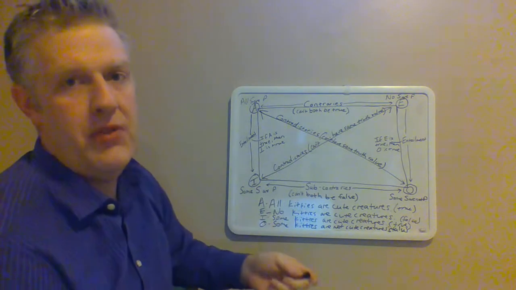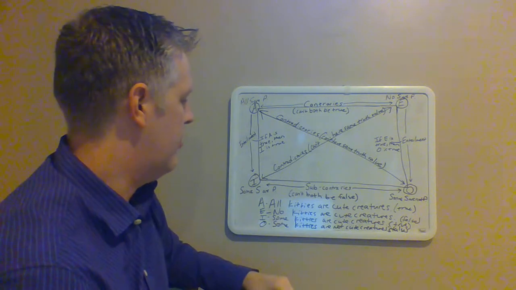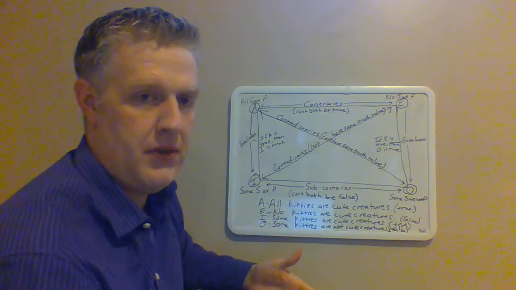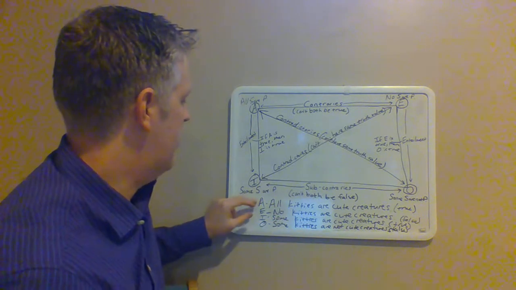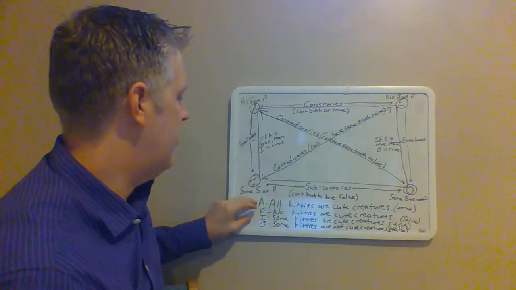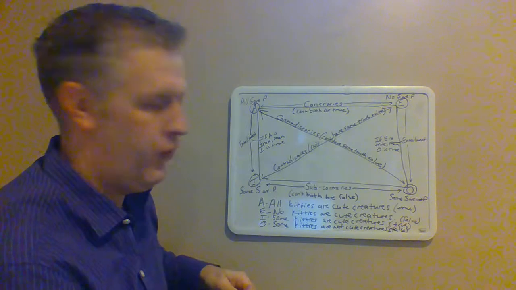And again, intuitively, that makes sense, right? If we know it's true that all kitties are cute creatures, it wouldn't make sense to say that some kitties are not cute creatures. That has to be false. Okay, so there's an example where we just started off with knowing the truth value of one standard form claim, and we could deduce the truth value of all the other corresponding standard form claims.